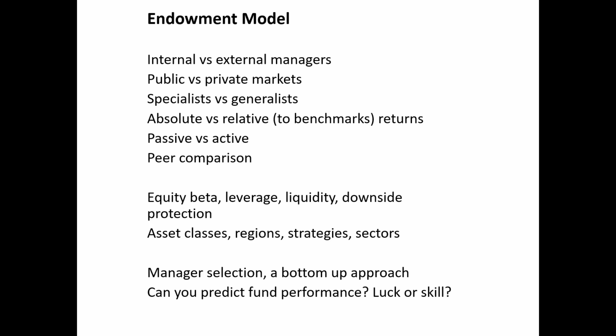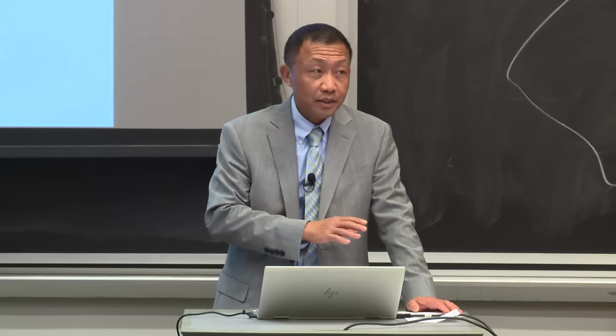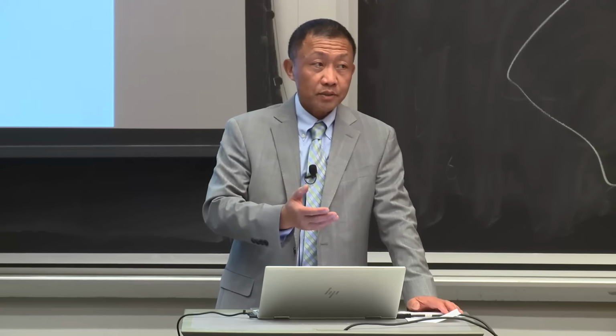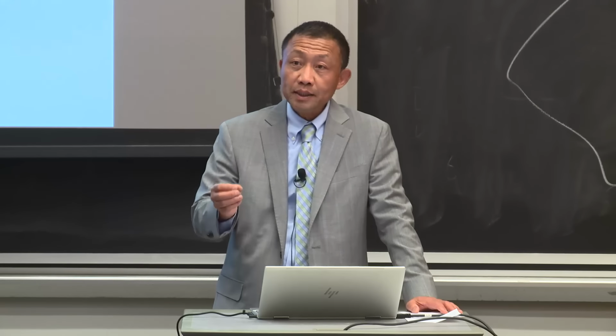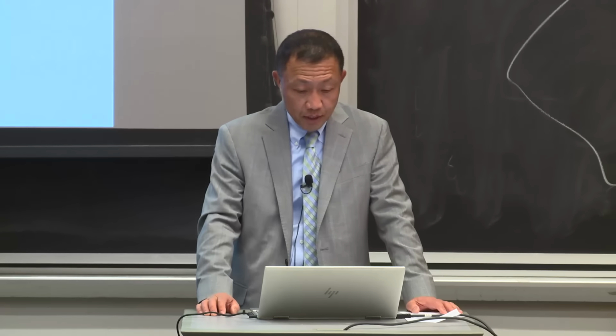We focus on both absolute return and relative return to the benchmark. So we are mostly active managers. We have some passive beta index investment, but it's a minority of the investment. It's also not always permanent. Whenever we can find an active strategy or manager to beat a benchmark or index, we will always go for the active investment.